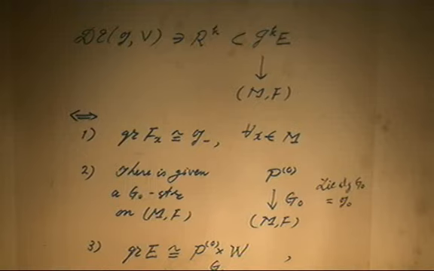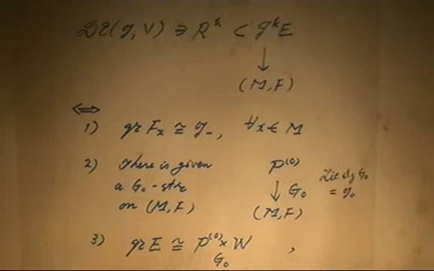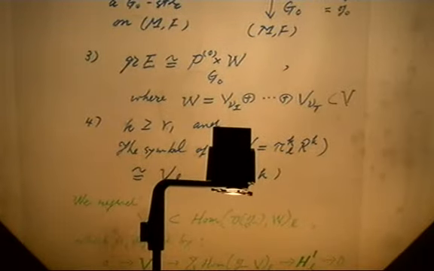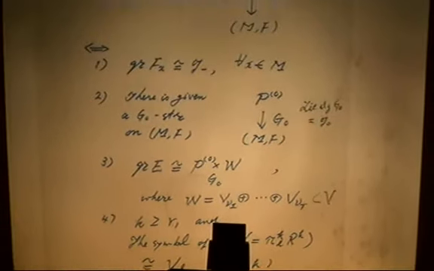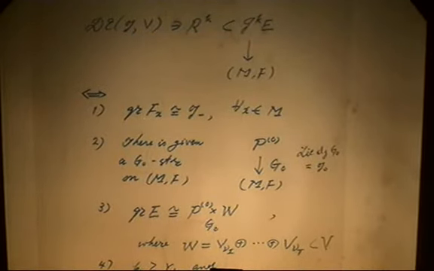This is the definition of the class of differential equations of type (G, V). It is not so very clear, but first of all, the first condition says that the filtered manifold is of type G_minus. That is, at each point, the graded tangent space gr T_x is isomorphic to the negative part of G.